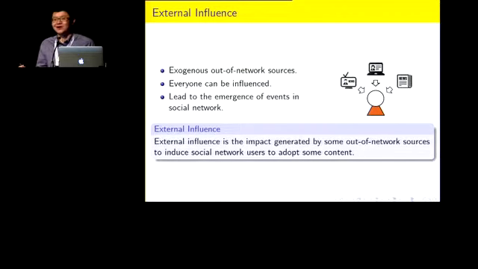We all watch TV or browse news websites, and these sources can lead to the emergence of an event in the social network. We call this kind of influence the external influence. And here is the definition of the external influence.